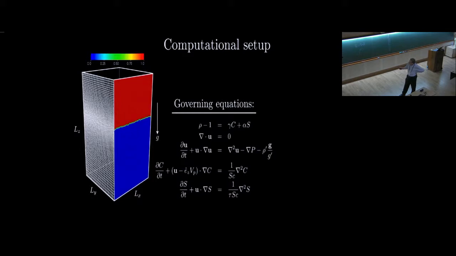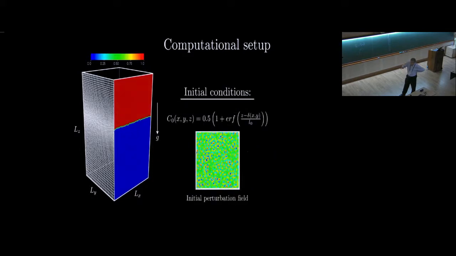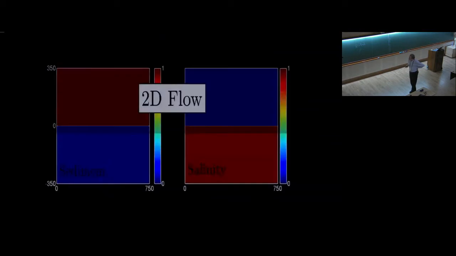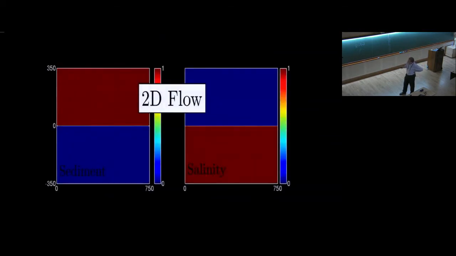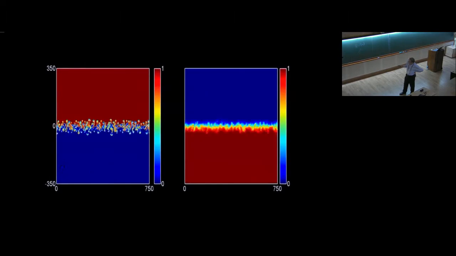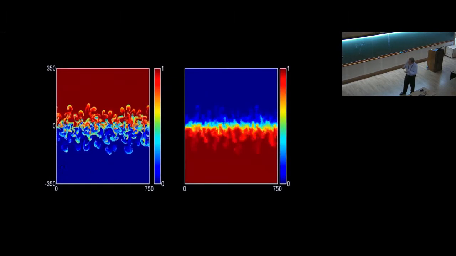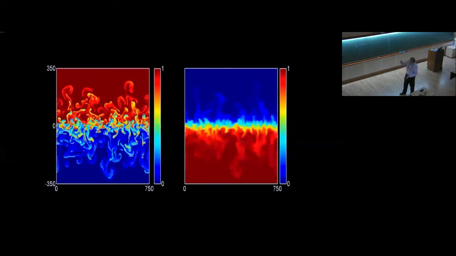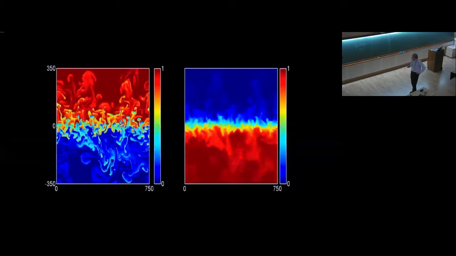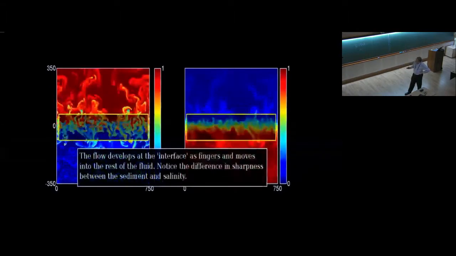We have an interface here initially that we perturb slightly in a random fashion, and then we'll see what instabilities those perturbations can trigger. So this is again the 2D simulation, left the sediment field, right the salinity field, and we see how we form this instability, how these plumes propagate upwards and downwards, and lead to a lot of turbulence generation in this interfacial region.